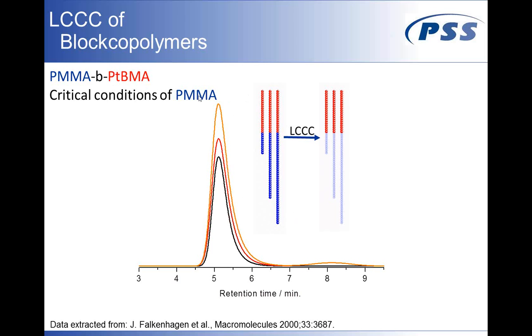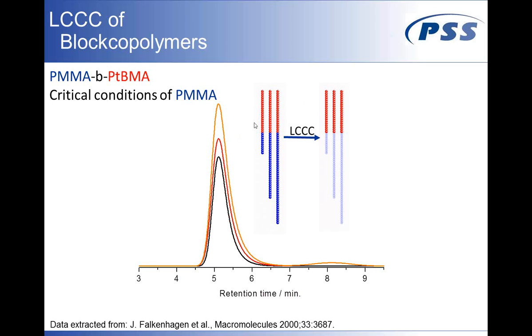Under the critical conditions of the PMMA, critical conditions means we make the blue block invisible as indicated here. You see that indeed all three samples, although the molar masses of the PMMA are different, eluted at the same time.